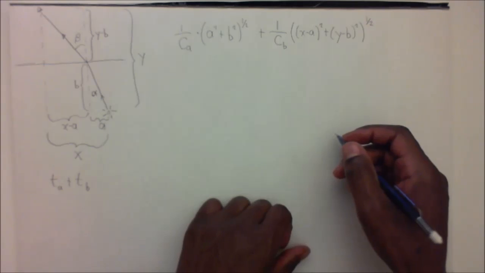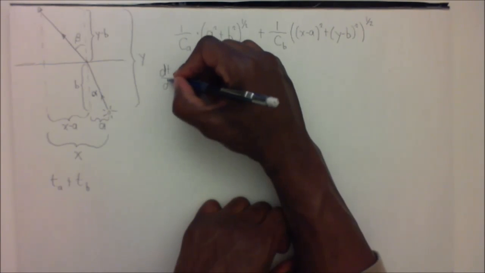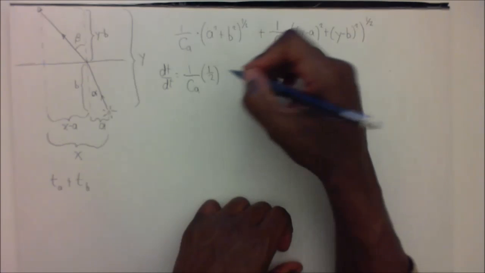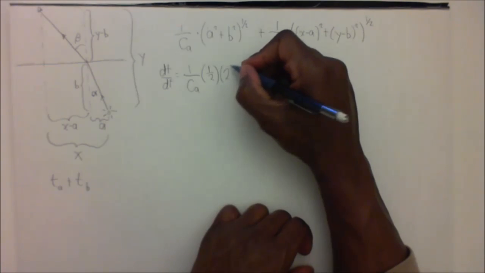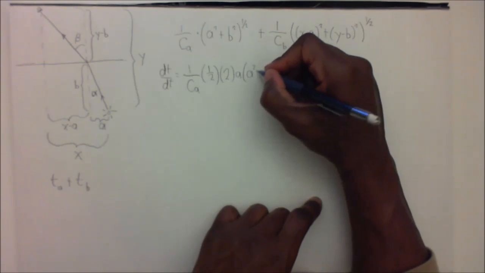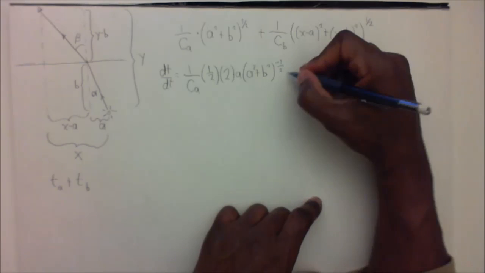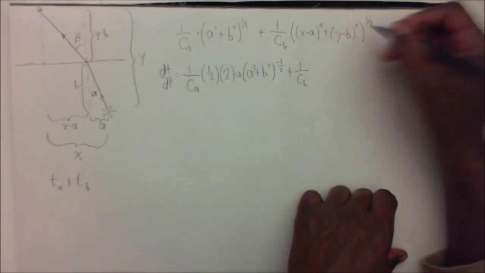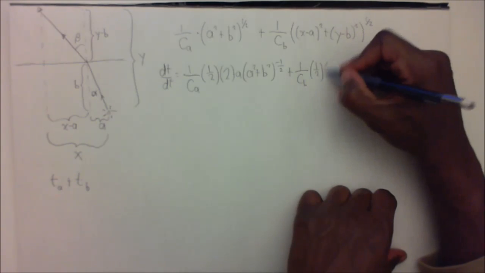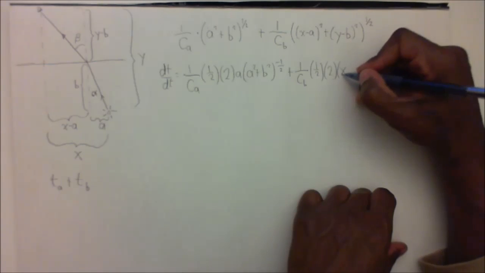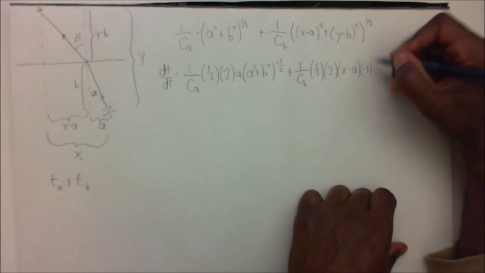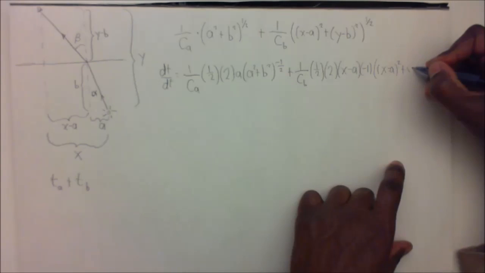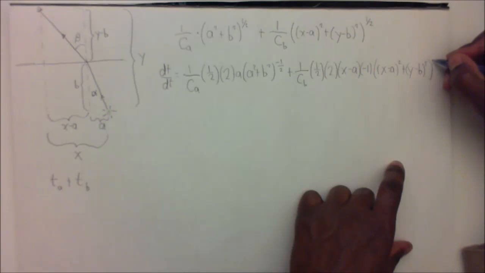Now I'm going to take the derivative with respect to a. So dt over da is equal to 1 over c sub a times 1/2 times 2 times a times a squared plus b squared to the minus 1/2, plus 1 over c sub b times 1/2 times 2 times x minus a times minus 1, because a there is negative, times x minus a squared plus y minus b squared, all raised to the minus 1/2.